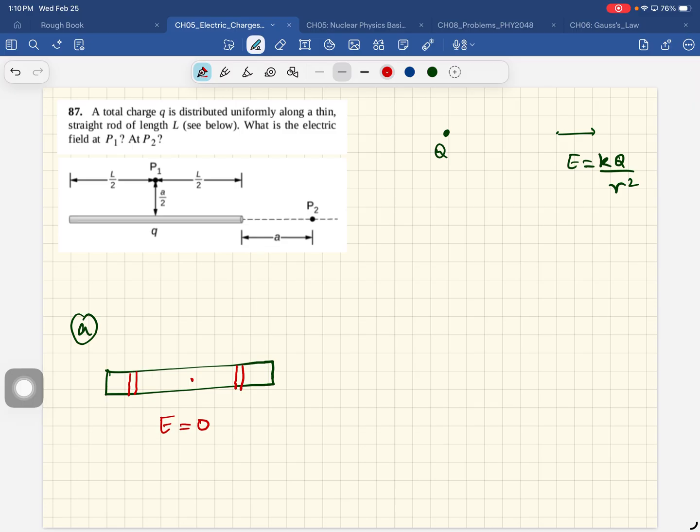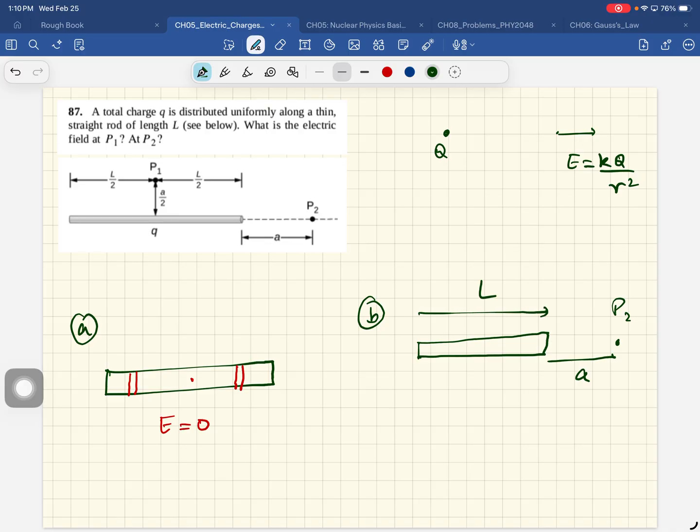The total charge is Q. Q by L gives you the linear charge density, times dx gives you dq. The fractional length dx by L times Q gives you the charge on that little piece.